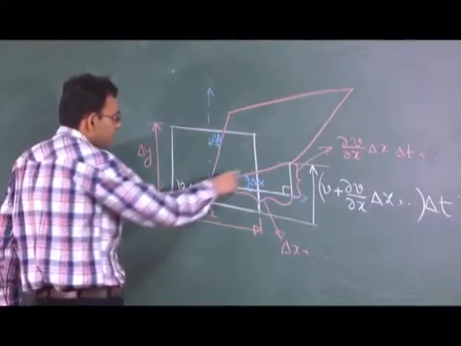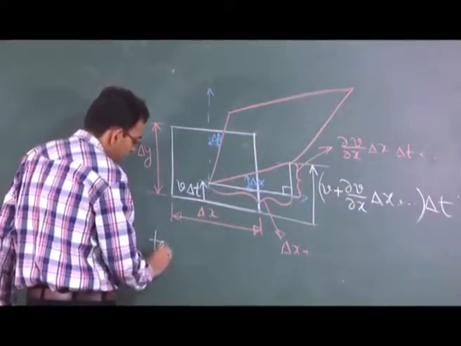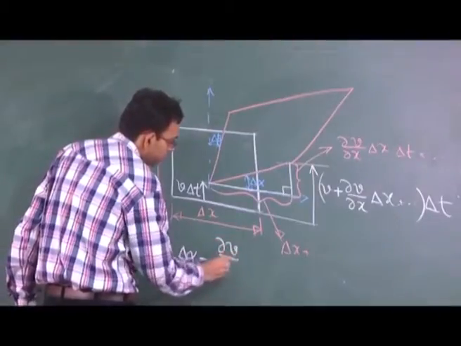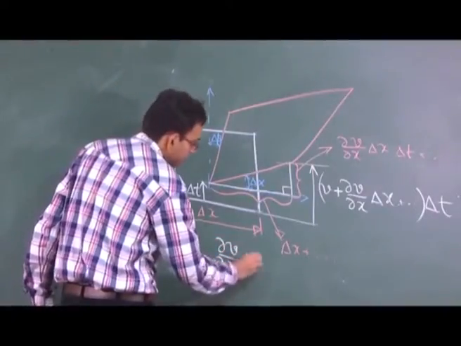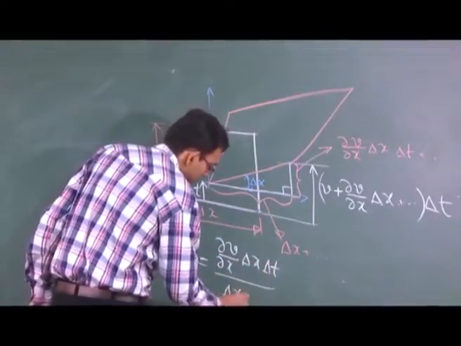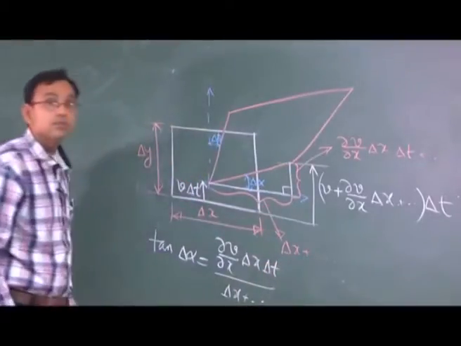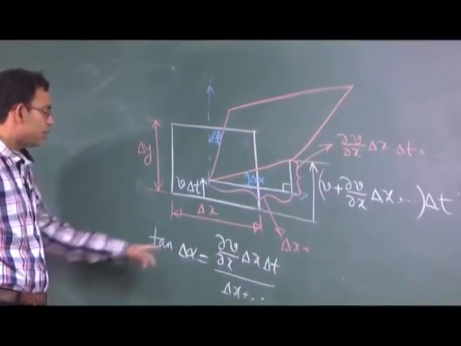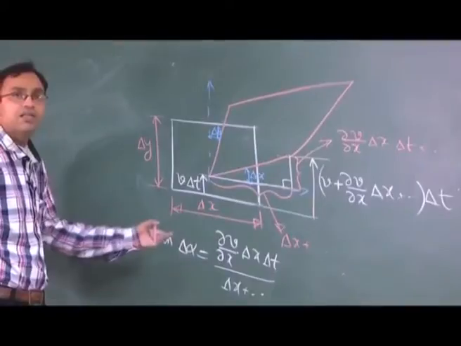So, we can write from this right angle triangle that tan of delta alpha, as delta t tends to 0, delta alpha will also not be large.